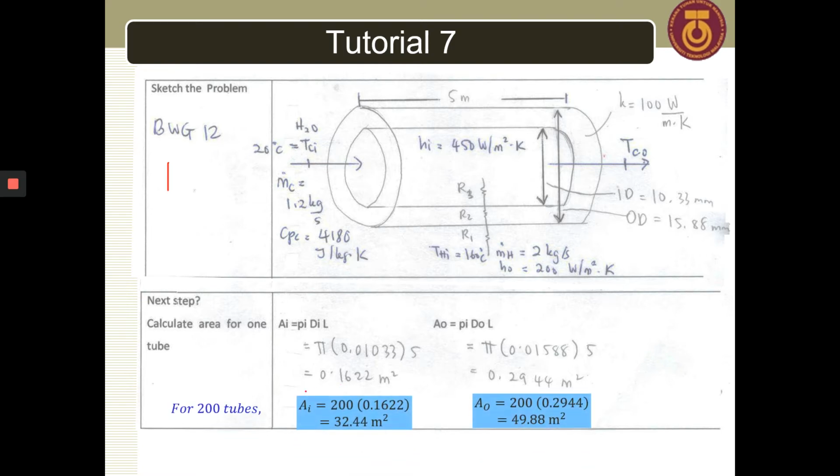If for 200 tubes, the inner surface area should be multiplied by 200, because you have 200 tubes. So from this you get about 32 meters squared. And for the outer diameter area, you also multiply by 200 tubes, so you get almost 50 meters squared. So 32 and 50 meters squared.